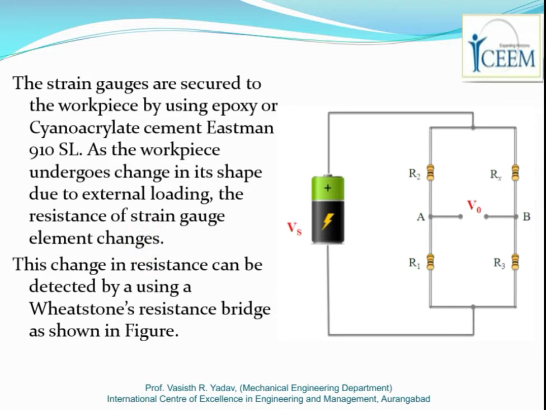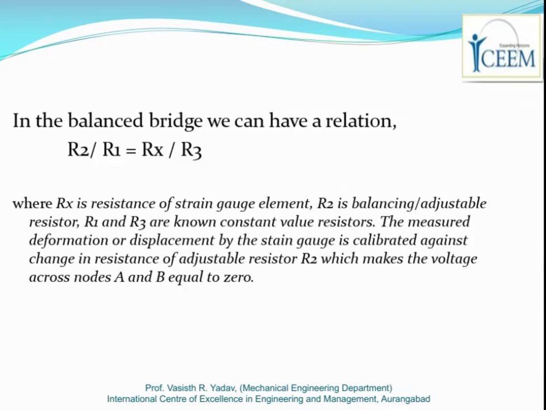Since our strain gauge is fixed to the workpiece, any change in the workpiece will change the resistance of the strain gauge, and this change in resistance is detected using a Wheatstone resistance bridge. The figure shows how a Wheatstone resistance bridge is formed, and this change in resistance is detected by this circuit, and finally it is calculated.